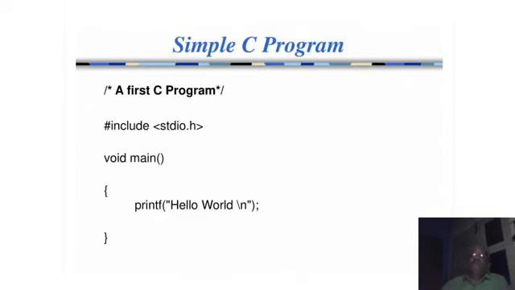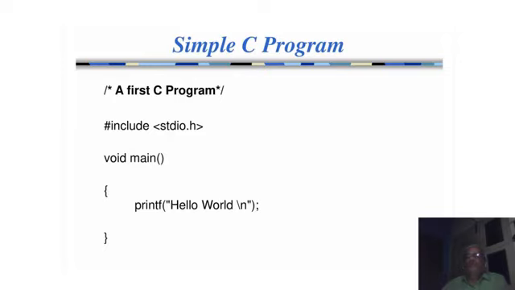Okay, let us see a simple C program. You can see it has only 6 lines. First, we have the hash symbol and include, with the header stdio.h, and I have written void main.